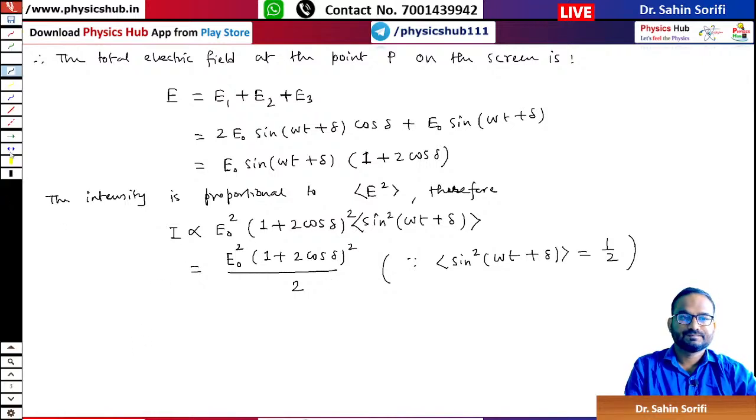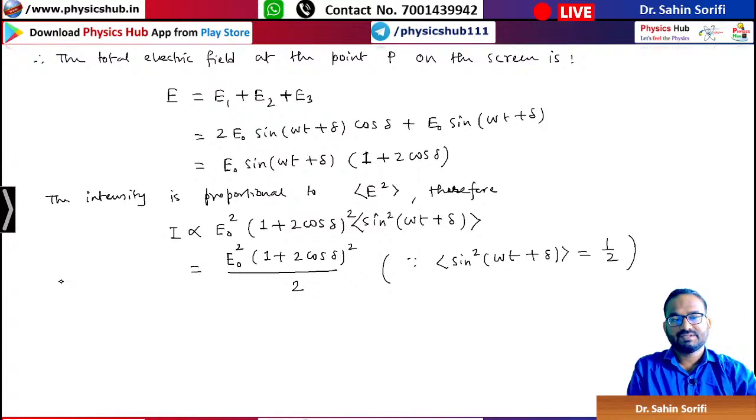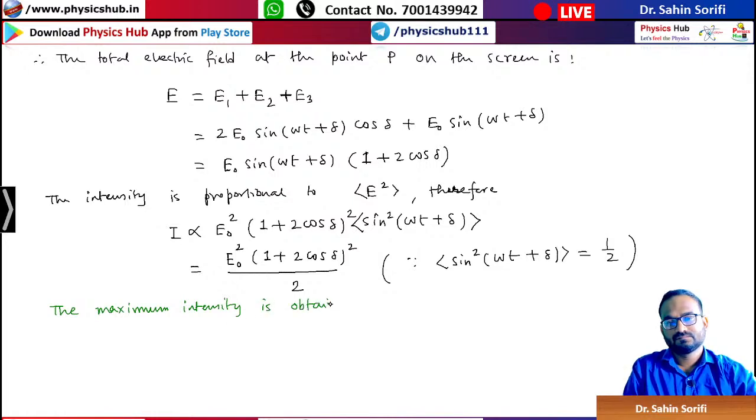Now we can find the maximum intensity. When do you get the maximum intensity? Obviously for cos delta equal to plus 1.